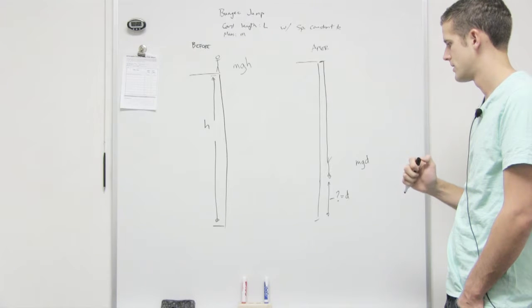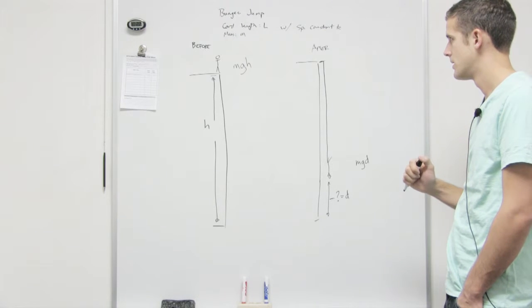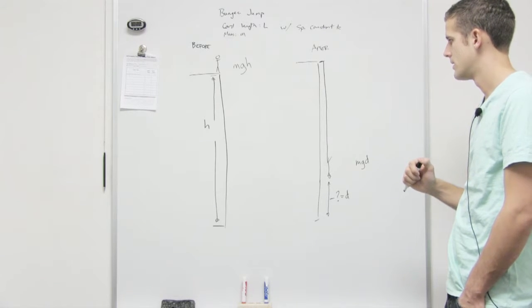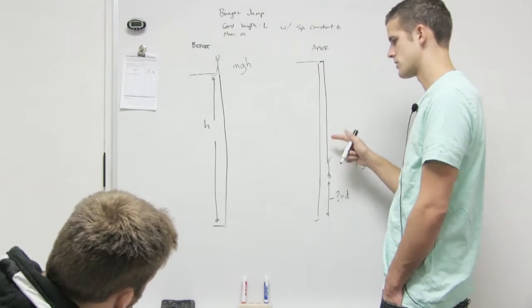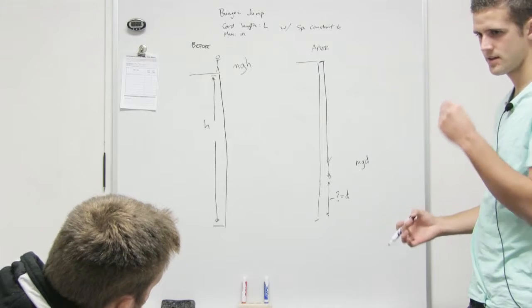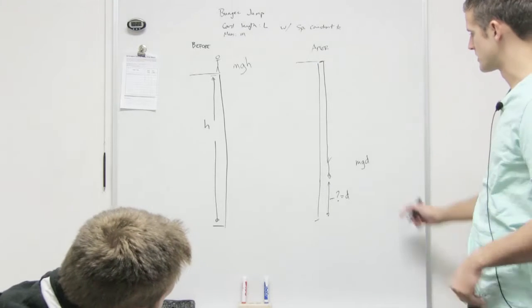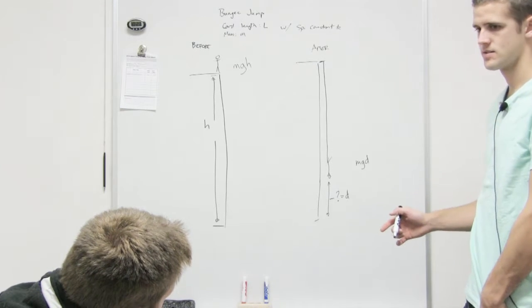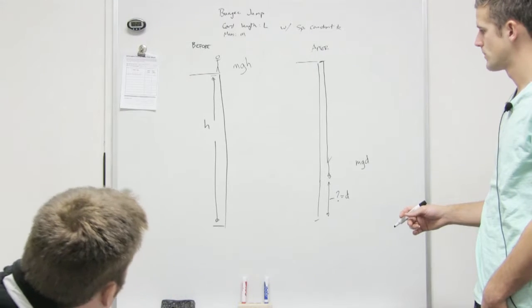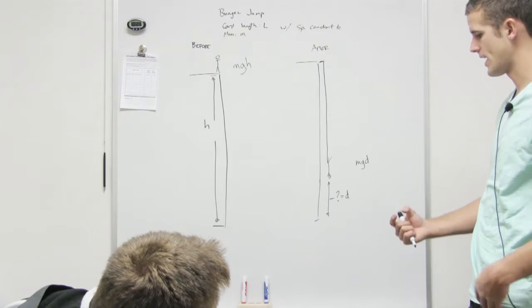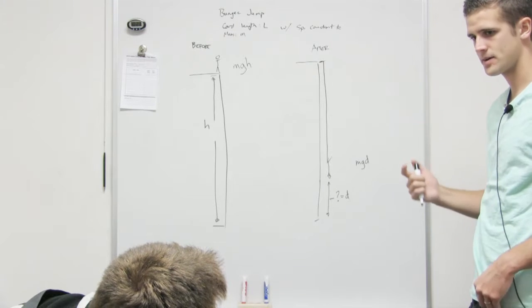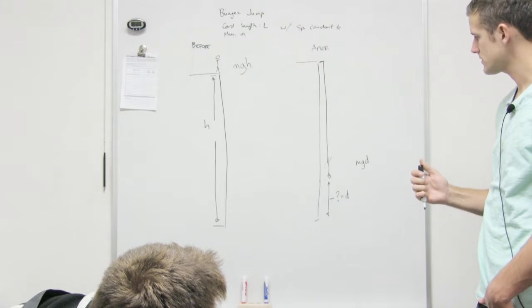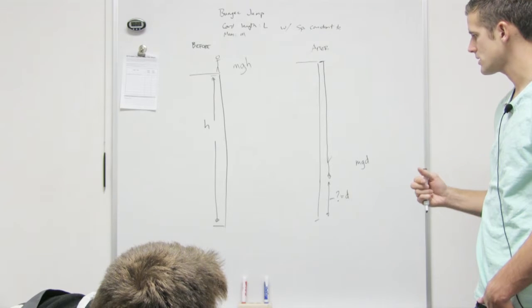Well, it cancels some energy out. The bungee cord stretches like a spring, so there would be some elastic potential energy. If there wasn't gravity and you had that bungee cord stretched out and you let it go, she'd shoot back up, right? So the energy went into the bungee cord.